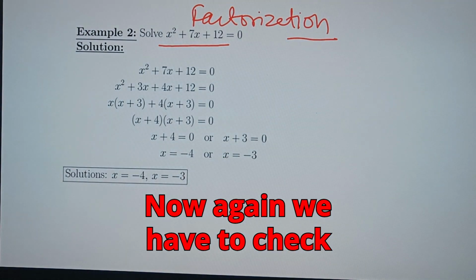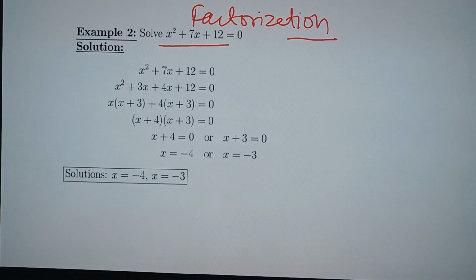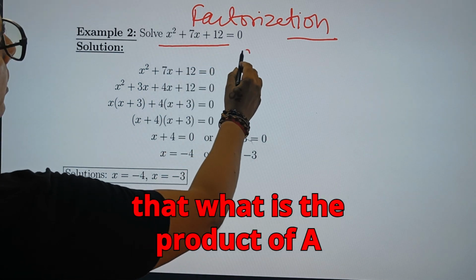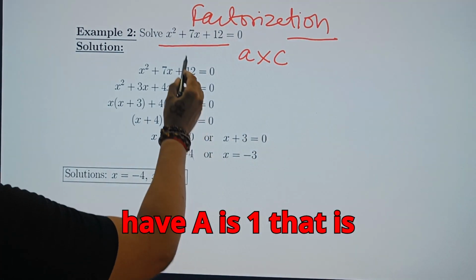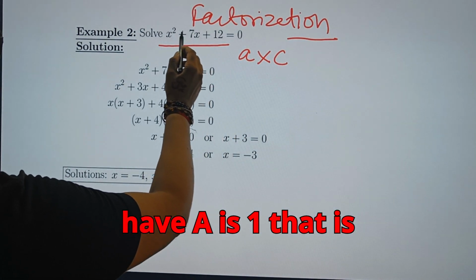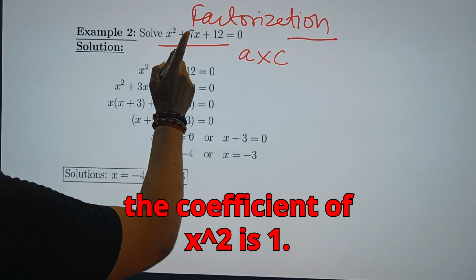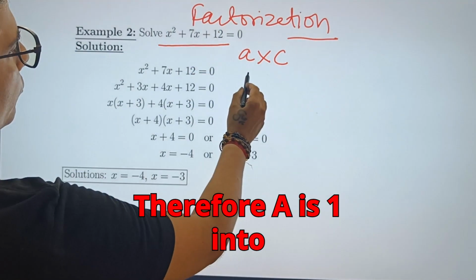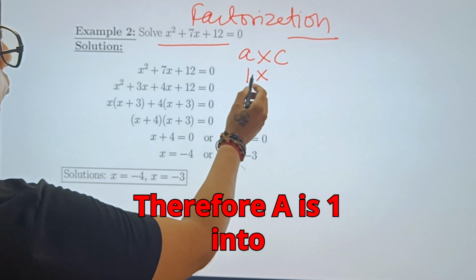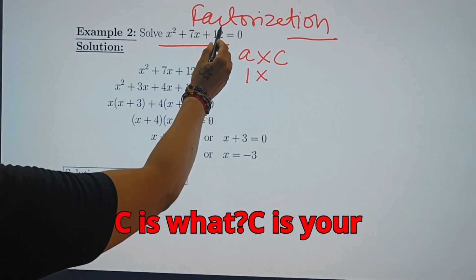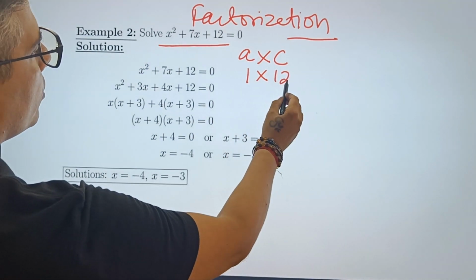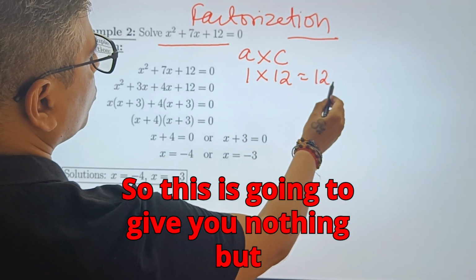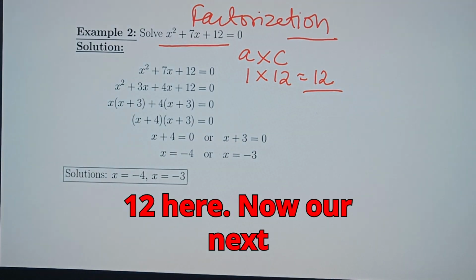Now again we have to check the product of a multiplied by c. Here a is 1, that is, the coefficient of x square is 1. Therefore a is 1 into c, which is the constant number 12. So this is going to give you 12.